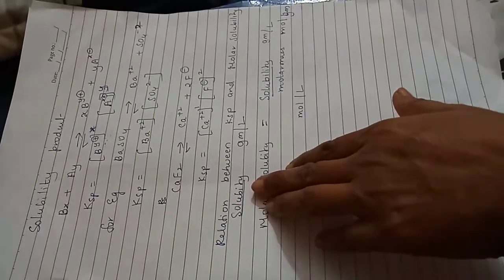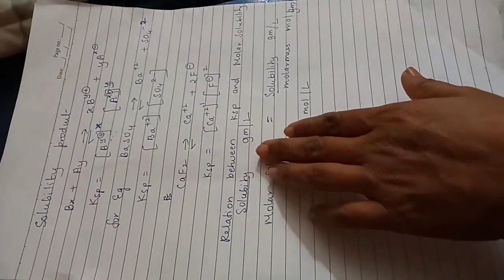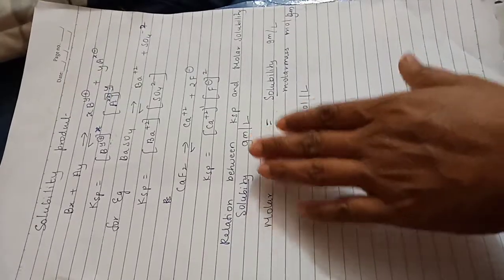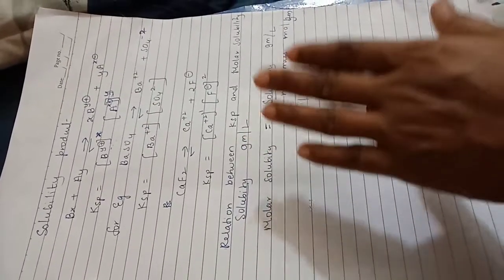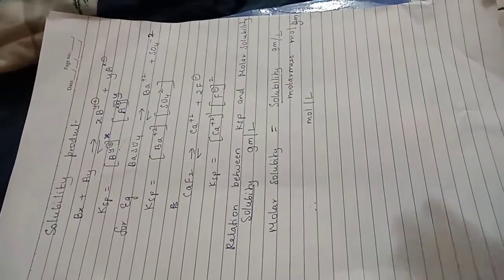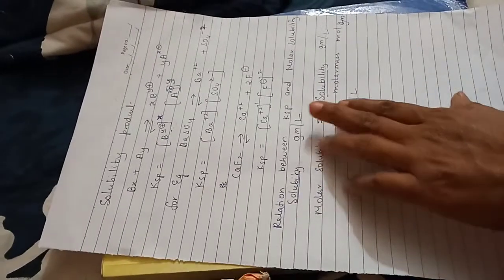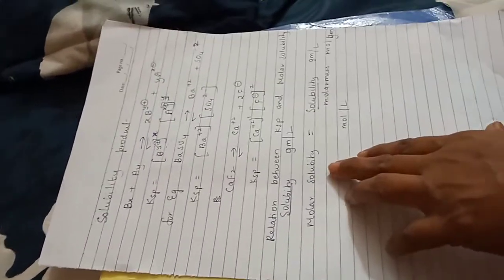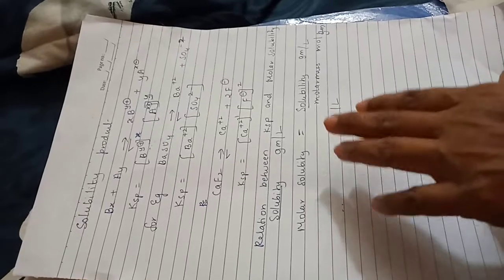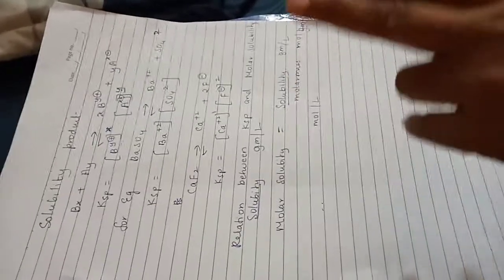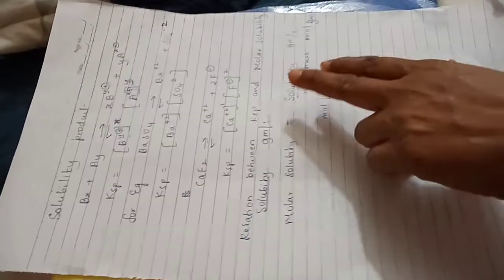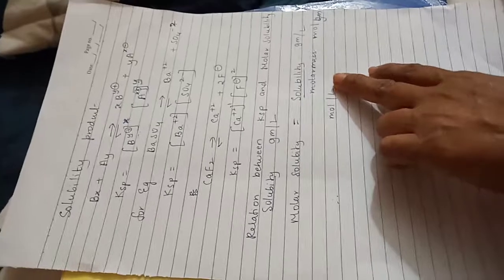I'll repeat, solubility is the given amount of compound in grams dissolved per unit volume. It may be 1 liter, 1 dm cube, or whatever it is. Unit is gram per liter. Molar solubility is the number of moles of a compound required to form 1 liter of saturated solution. It is solubility divided by the molar mass.